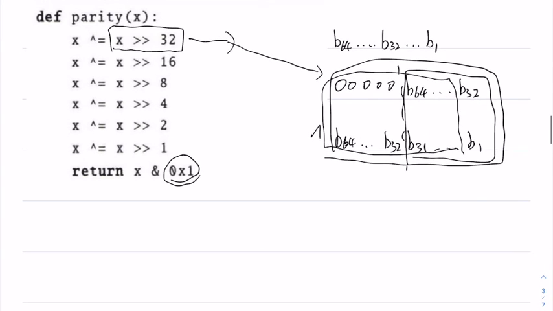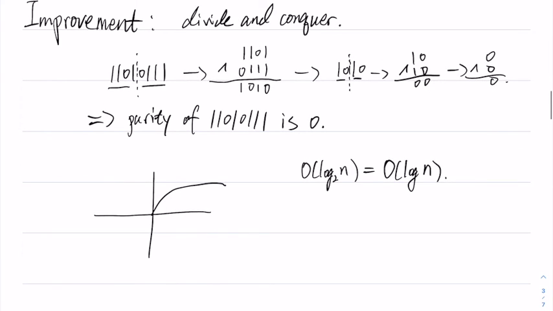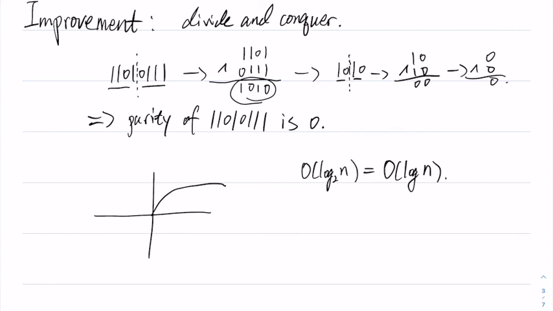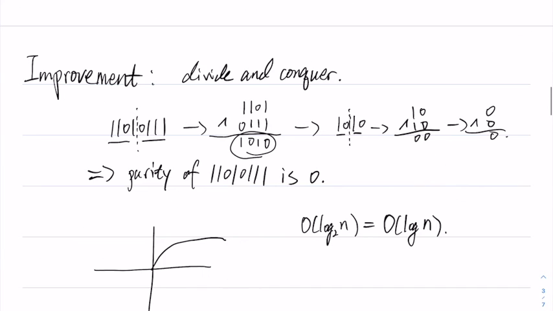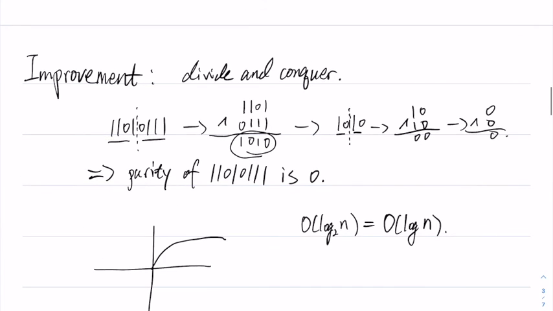We move on, and we see that this step is essentially the same. Current x refers to the result of this step here, and we are only looking at the last 32 bits. So we're dividing the 32 bits into two halves of 16, and then we are XORing them again, like this step here, except that the input size is larger in this case.